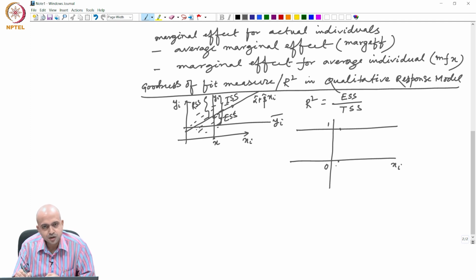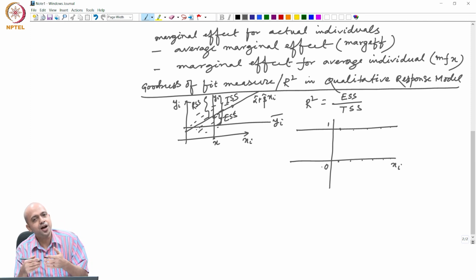That means your outcome is here or here, either the event will happen or not happen depending on your x value, let's say that is income. So that means there is no scatter plot. And if the scatter plot does not exist in the context of qualitative response model, the standard R square interpretation also is no longer valid.